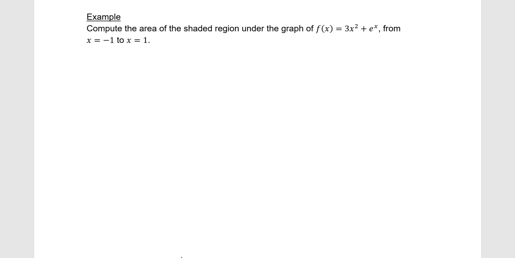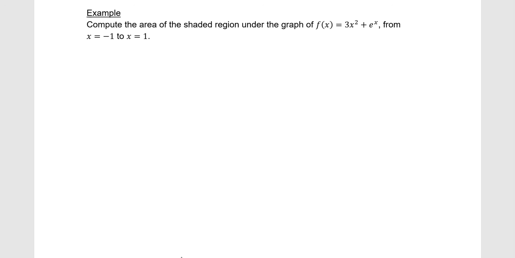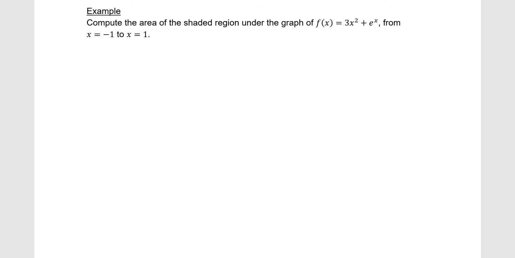Okay, next example. Let's compute the area of the shaded region under the graph of 3x squared plus e to the x from -1 to 1. So before we actually show what this graph looks like, let's just go ahead and do the math. We want the area underneath the curve, so we're going to be integrating the function 3x squared plus e to the x dx from -1 to 1.